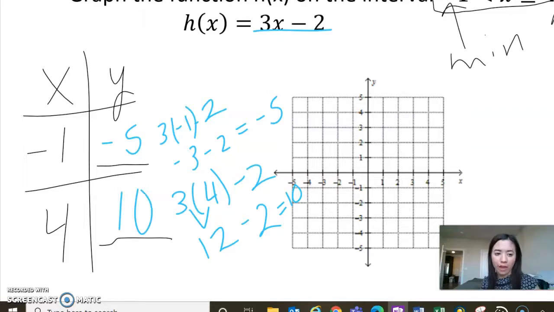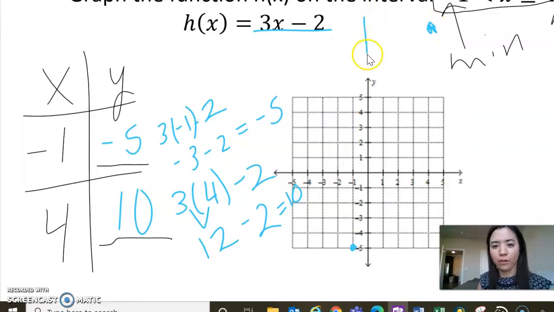And now we graph that. So -1, -5, -1 is here, -5 is down here, and then 4, 10, 4, and then again, on mine, I do not have the right graph, but you will have the right graph on your screen. So from here, I would go up 10, which is probably way up here. Sorry.